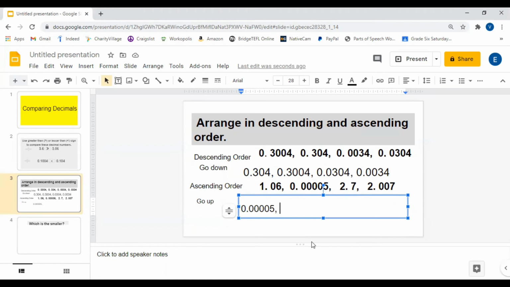This is so easy. Because guess what, guys? This whole number is 1, right? While the other whole numbers are 2. So here is 1, here is 2, and here is 2. So the next one must be 1.06. That's the next smallest number, right?